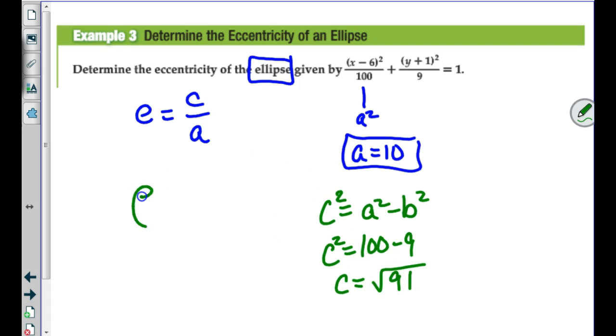So we put that in and we get the eccentricity is the square root of 91 over 10. Somebody divide that, please. I said show your exact calculations, but then I had you change it to a decimal. It's going to be 0.8 something, 9. What'd you get?